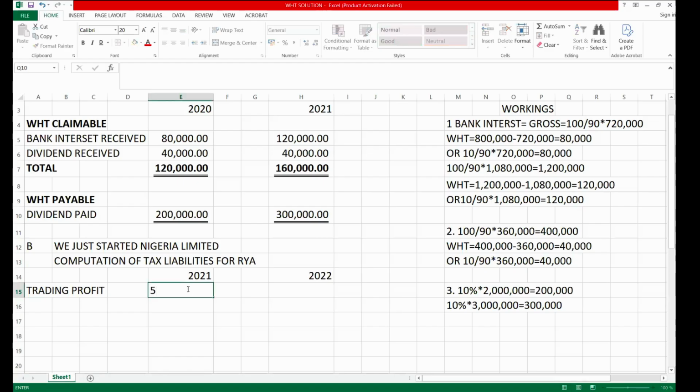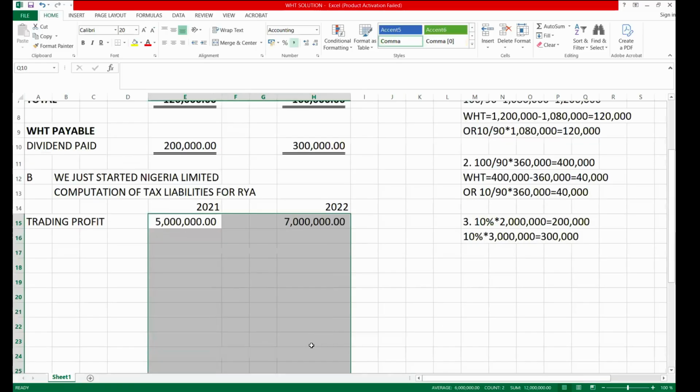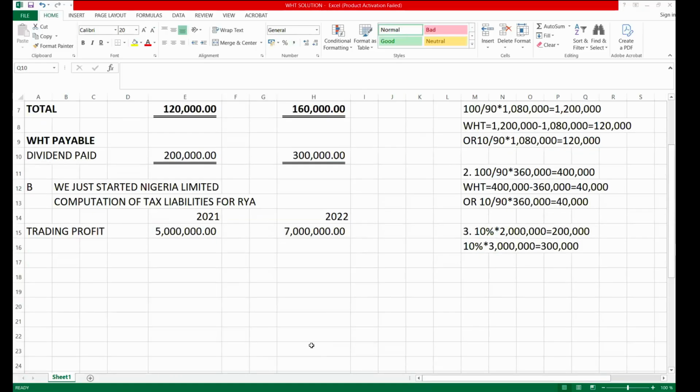We have 5 million and 7 million. 5, 2, 3. After trading profit, we have gross interest received. Interest received is also an income.